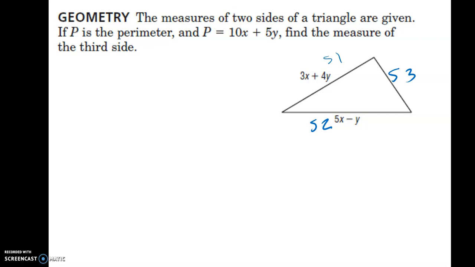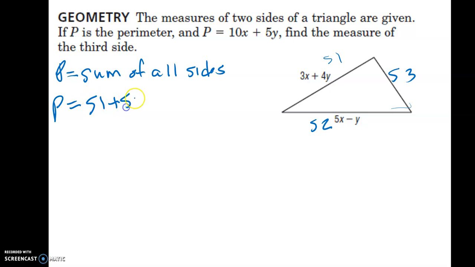So if we think about this problem, the measures of two sides of a triangle are given. If P is the perimeter, and remember, perimeter is the sum of the three sides, or the sum of all sides. Okay, so P, perimeter, is the sum of all sides. So the sum of all sides really would be side 1 plus side 2 plus side 3.